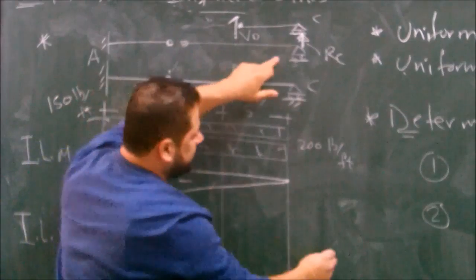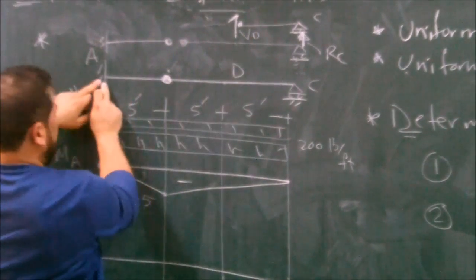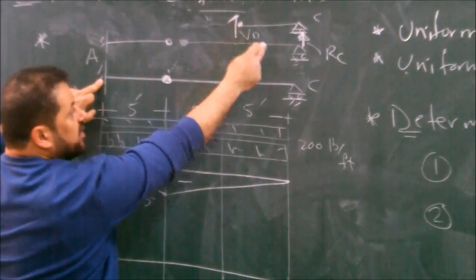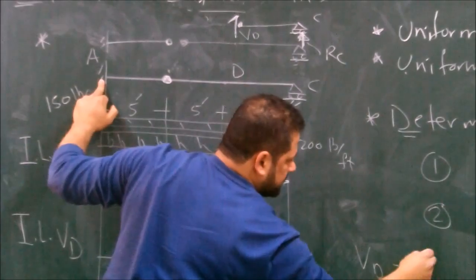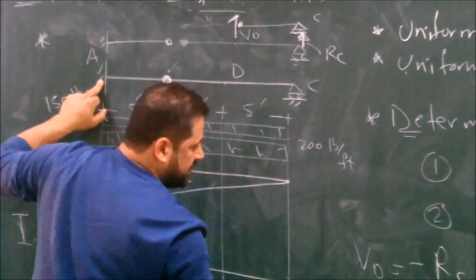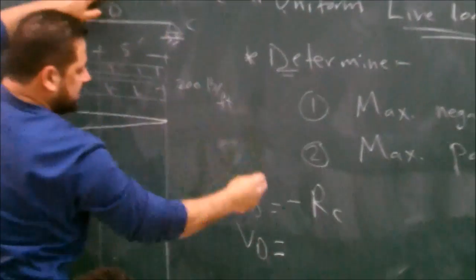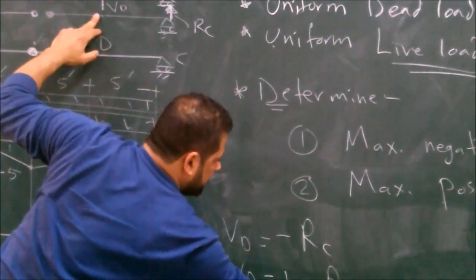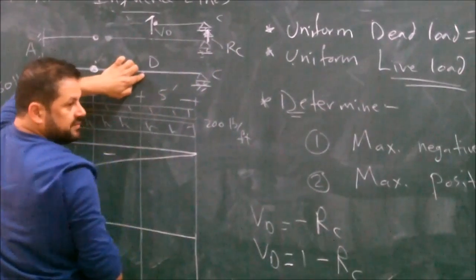So VD, if the unit load is from A to D, equals minus RC, and VD equals 1 minus RC if the unit load is from D to C.